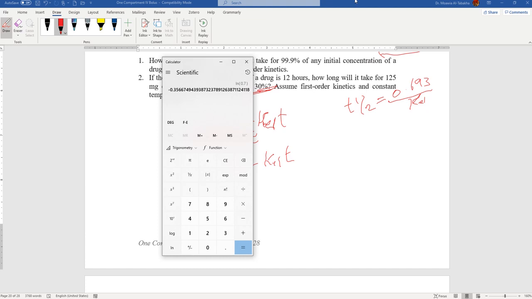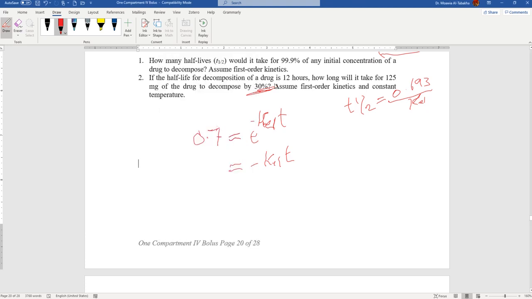قديش, 0.357. Okay, minus 0.357. طبعا negative goes with negative, and then you will have T equals 0.357 divided by KL. طيب, now so what is the time?